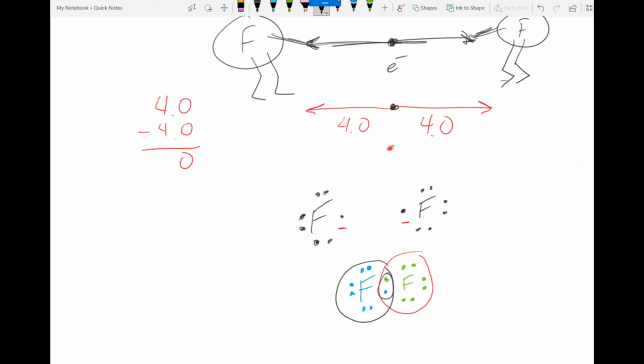And so in a certain way, we can rewrite this to show that by using a line. That line represents a pair of electrons that are being shared between the two atoms. And so there's a bond. We have a new type of bond.